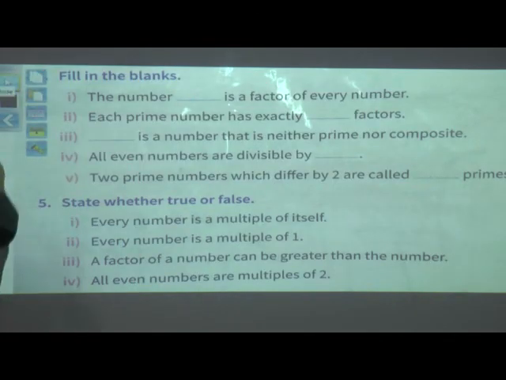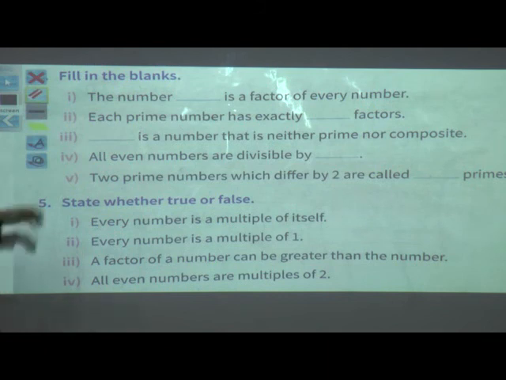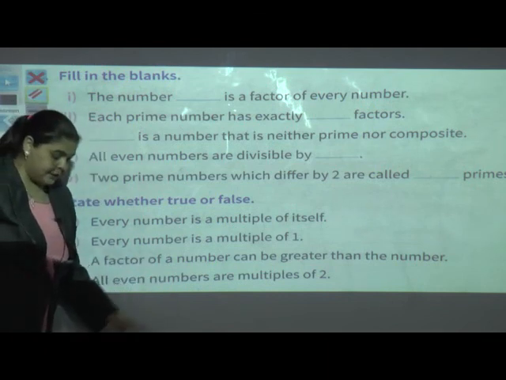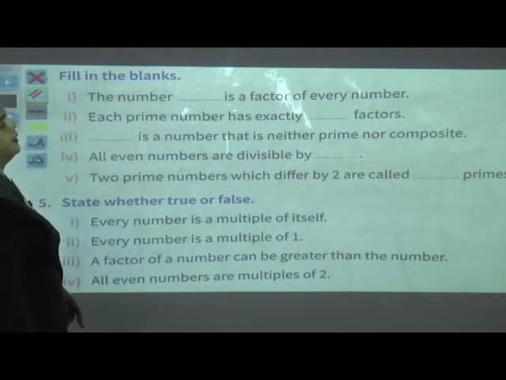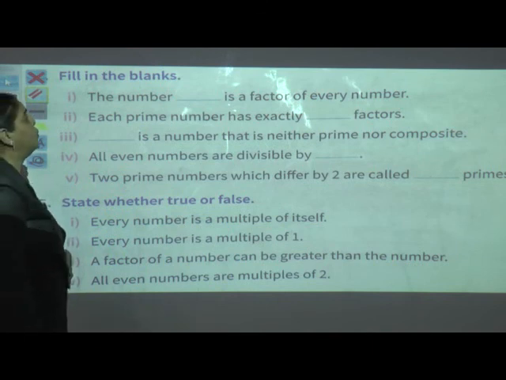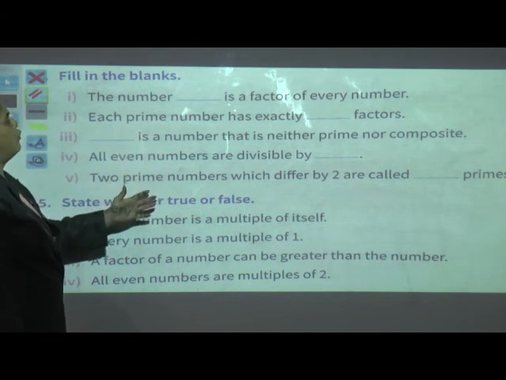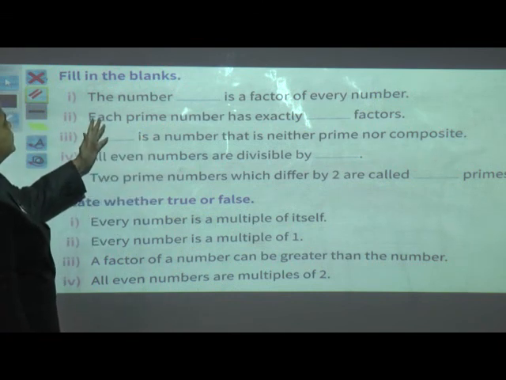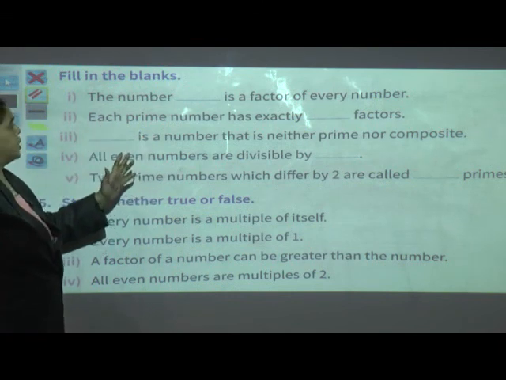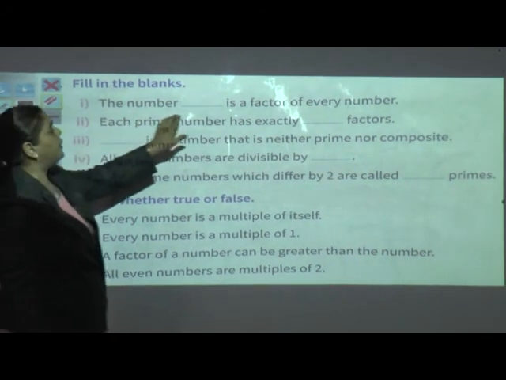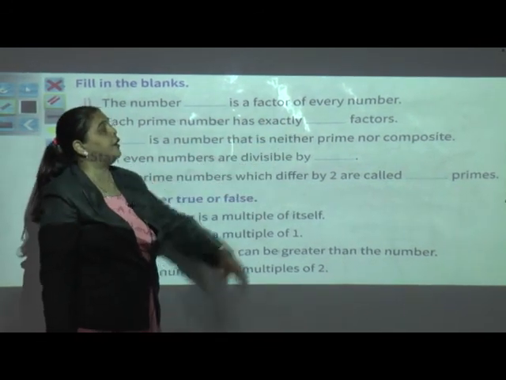Next we will see, already when we started with the lessons we had discussed many things. I want answers from you. It is in the form of fill in the blanks and true or false. We have to recall what we learned at the start of the lesson. The number dash is the factor of every number.